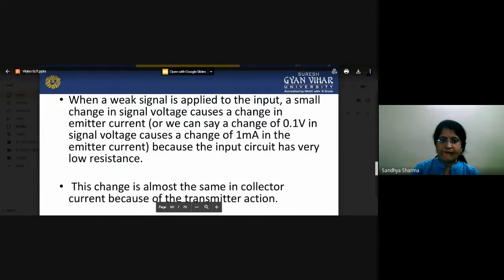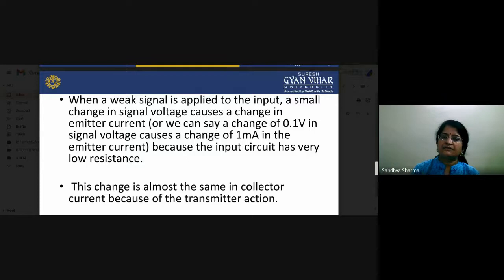Suppose there is a change of 0.1 volt in the input signal. How much amplification is done by your common emitter amplifier? If there is a very small change in your input signal, that is the IB current, say 0.1 volt or a change of 1 milliampere in emitter current, your input circuit has a very low resistance.